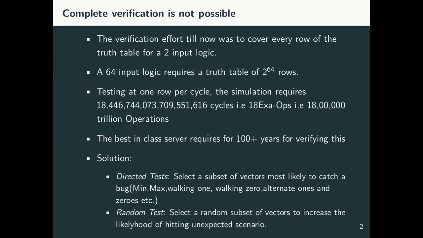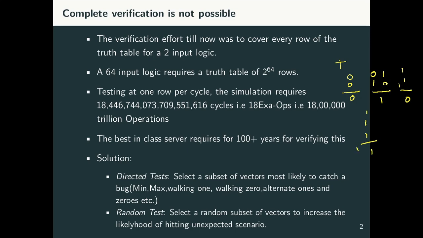For example, if what we are verifying is an adder operation, then we have a case where we say 0 plus 0 gives us a 0, 0 plus 1 or 1 plus 0 gives us a 1, and a 1 plus 1 gives us a 0 with a carry, and similarly a 1 plus 1 with a previous carry will give us a 1 with a carry of its own.